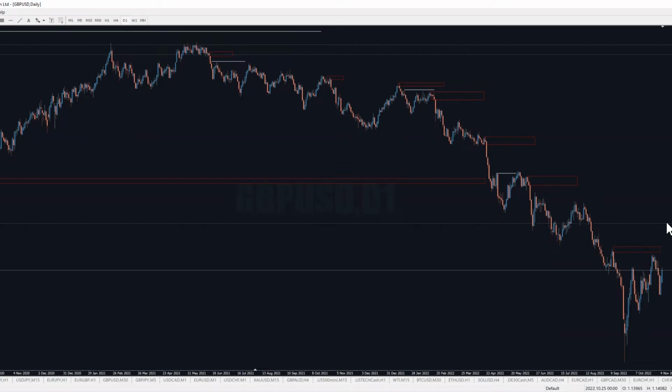However, the key levels that you can find in here, as you can see, how price reacts from there. Anytime that price reacts from a higher time frame level, there's a high chance that price will react from there. And if this is a daily zone, you can imagine how good a reaction can be on the 15 minutes or on the 5 minutes or whatever time frame you like to trade from.